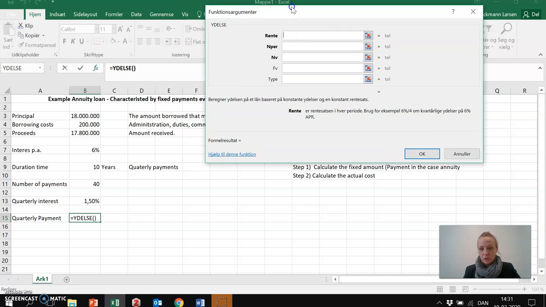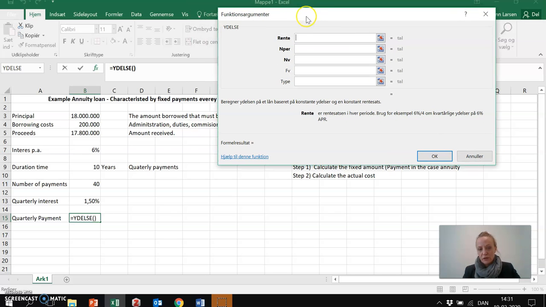It is the same function as we use for the investment part. First thing is to find the interest rate. Here you want the quarterly interest rate because you have a payment every quarter. So it is 1.5 in this case. Number of payments, we have 40 payments.